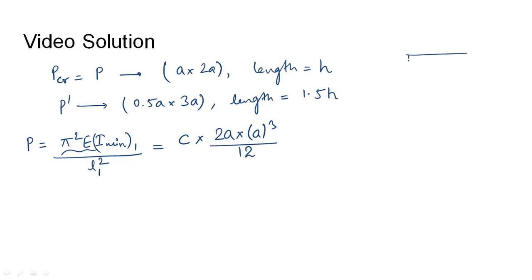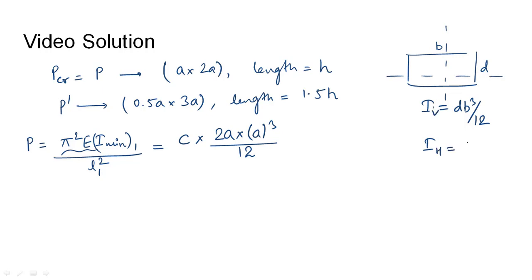For a rectangular cross section whose width is B and depth is D, the moment of inertia about the vertical axis will be given as d B cube by 12 and the moment of inertia about the horizontal axis will be given as B d cube by 12.